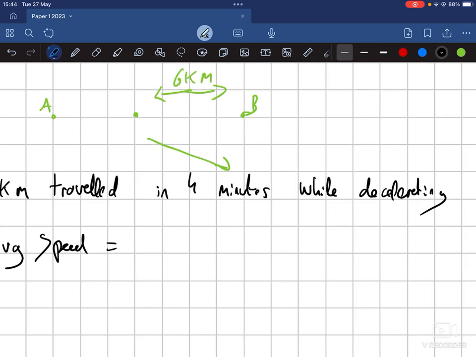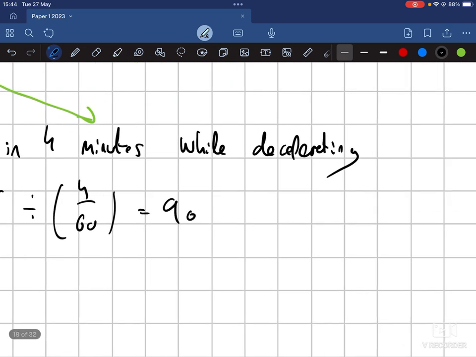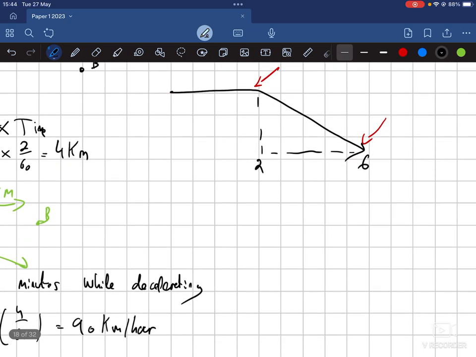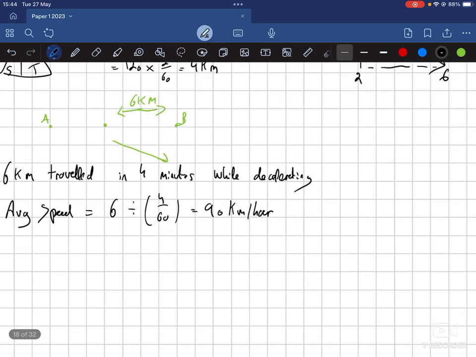Speed is distance divided by time. So there's 6 divided by, remember to change them to the same unit, which is 90. Okay. So his average speed over those last 4 minutes is 90 kilometers an hour. So when he's decelerating. Oh, okay, yeah, this is kind of physicsy then.